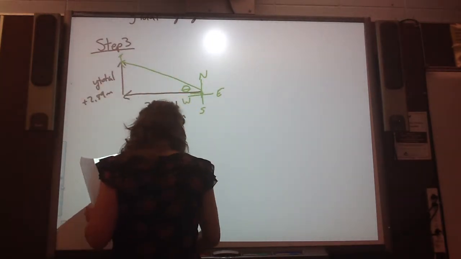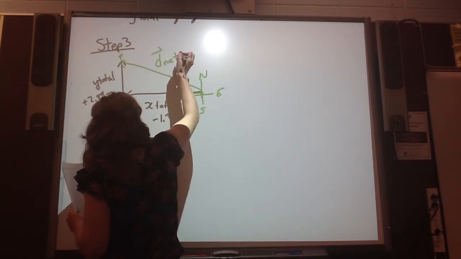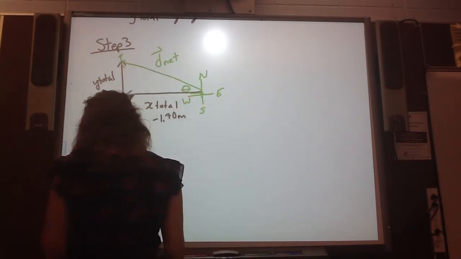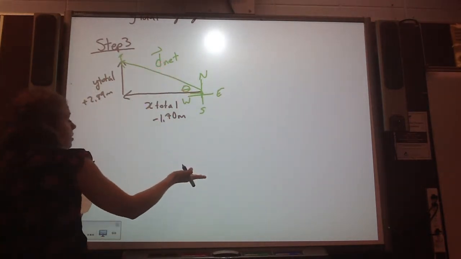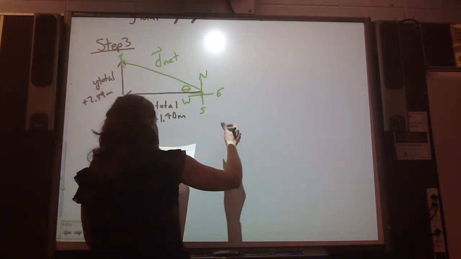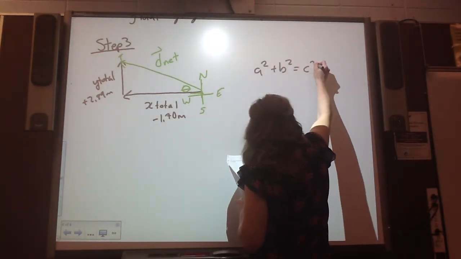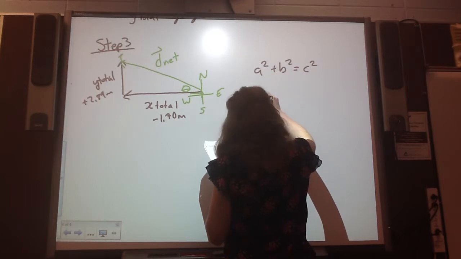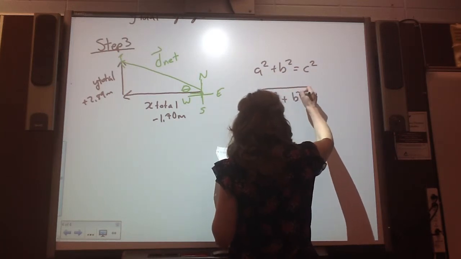And this green line, this is my displacement net. This is what I'm trying to find out. So in order to find out that, that's my hypotenuse. So I can use Pythagorean's theorem. So a squared plus b squared equals c squared. To solve for c, it's the square root of a squared plus b squared.